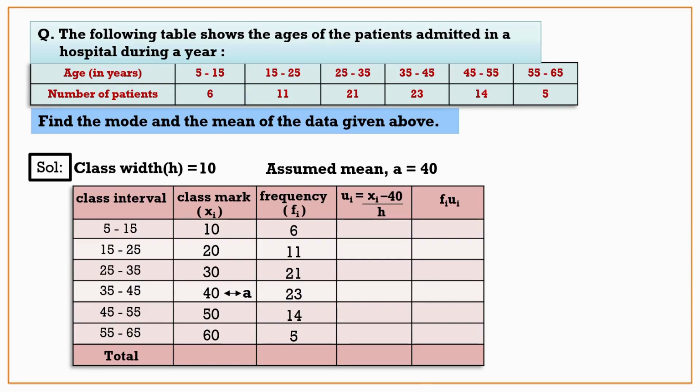So now replace that value in ui. ui is (xi minus a) by h. So in the first row xi is 10, so (10 minus 40) by 10. Then in this way we subsequently calculate all the ui's. Then finally we will multiply fi into ui.